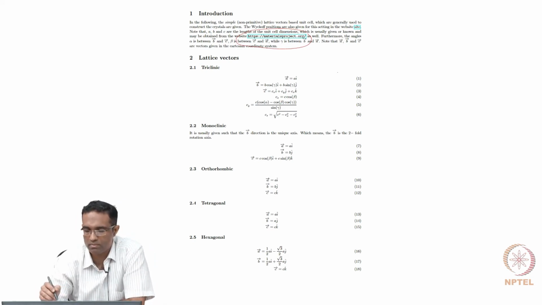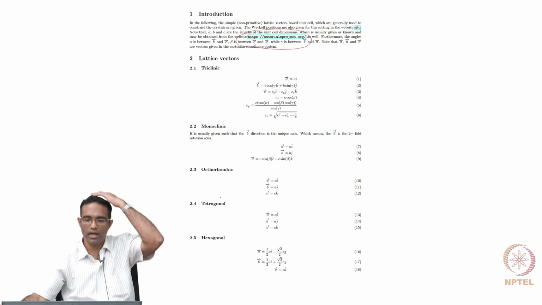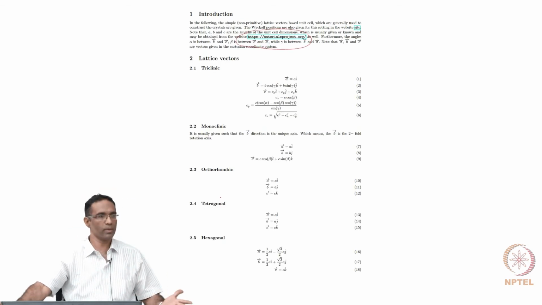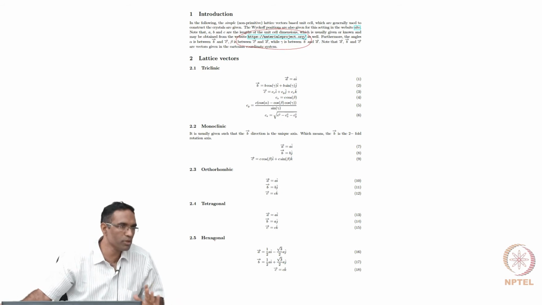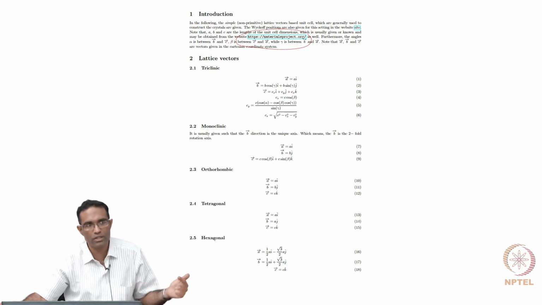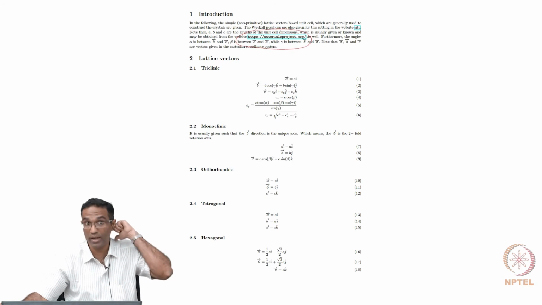So for all these unit cells, triclinic, monoclinic, orthorhombic, tetragonal, hexagonal, trigonal, rhombohedral and cubic, I have written down the lattice vectors that are most commonly used for generating the crystal structures. Mostly it will be quite obvious what needs to be chosen: what needs to be your A vector, your B vector, and your C vector.